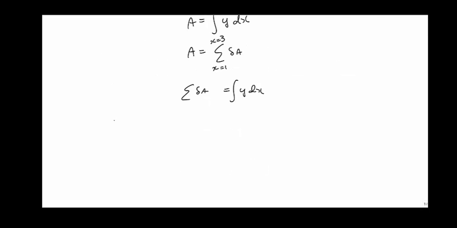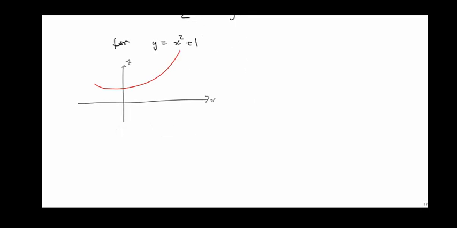Now, for y equals x squared plus 1, if we integrate y dx, we get the integral of x squared plus 1 dx, and integrating x squared becomes x cubed over 3, and 1 becomes x, and then we have to add the arbitrary constant c.